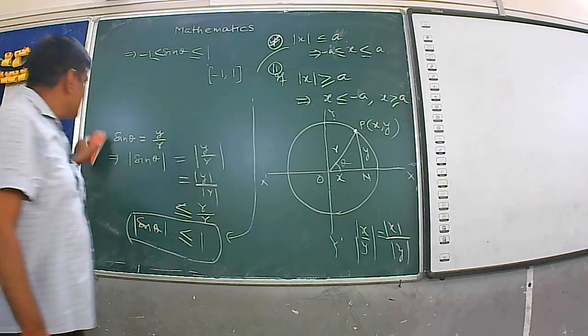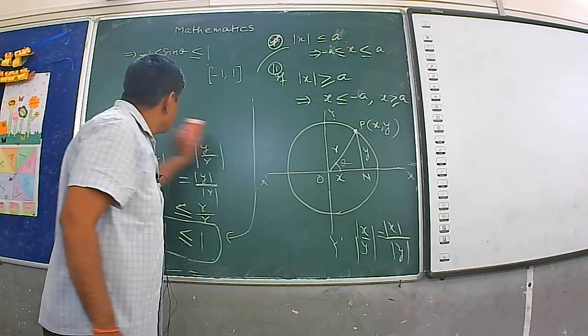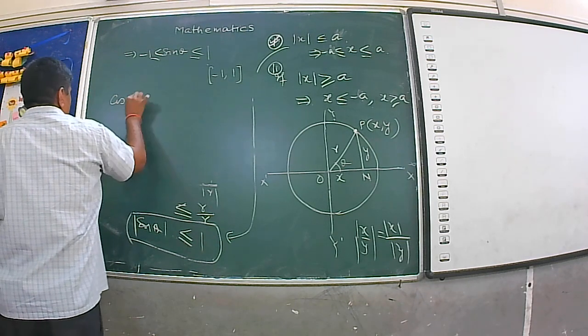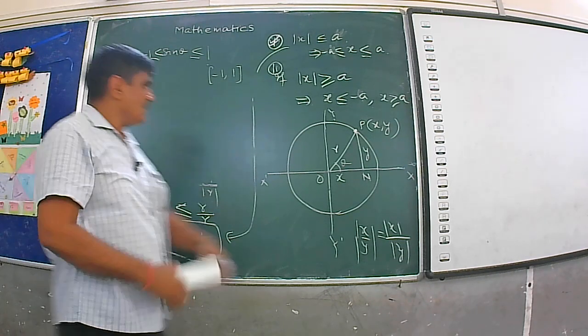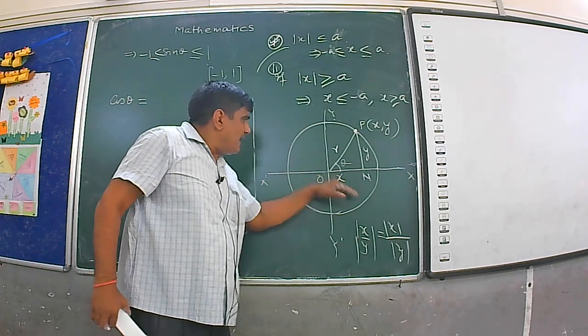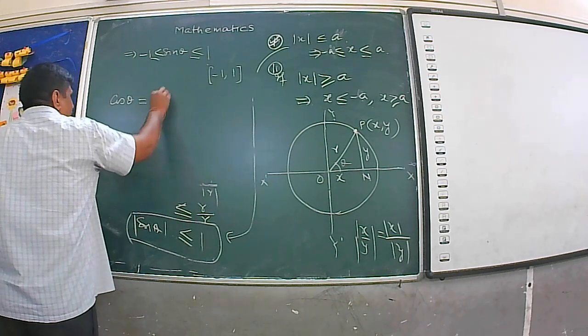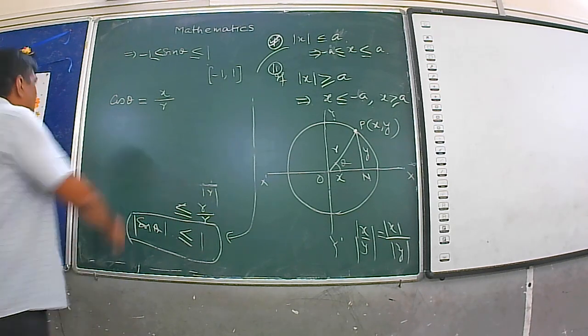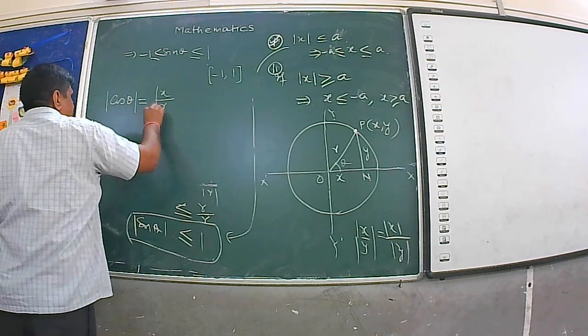Similarly, cos theta is equal to base by hypotenuse, x by r, and magnitude of cos theta.